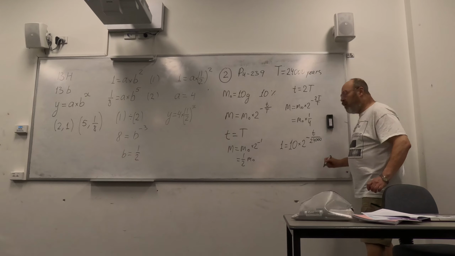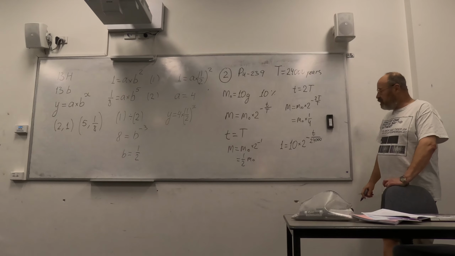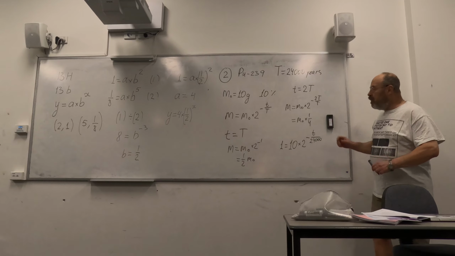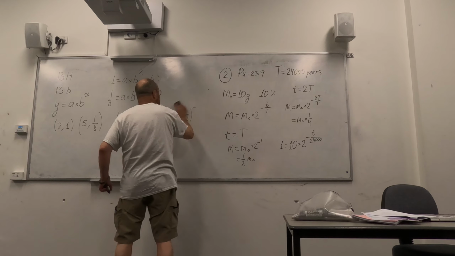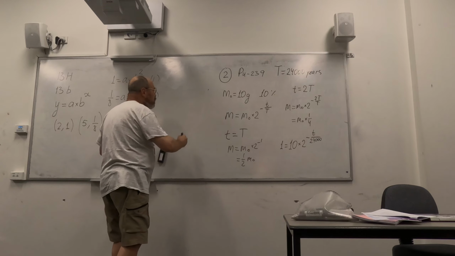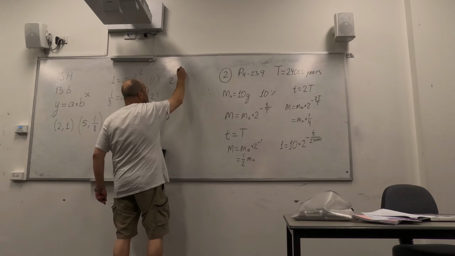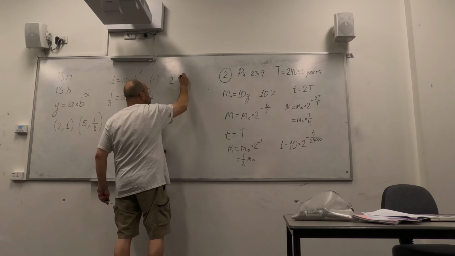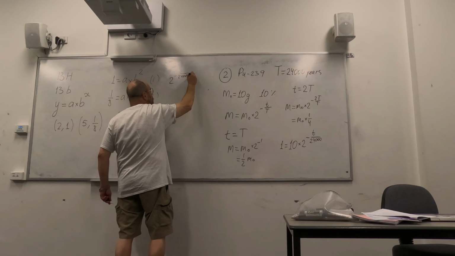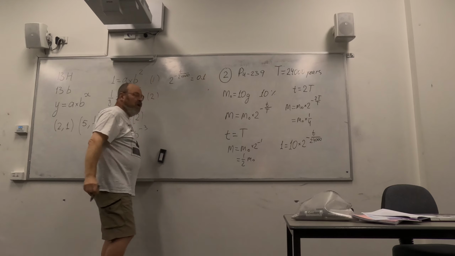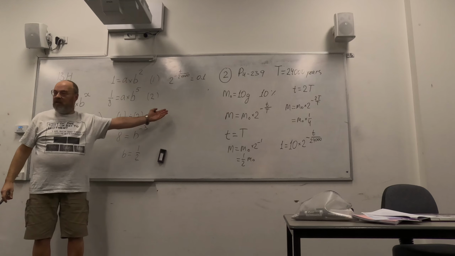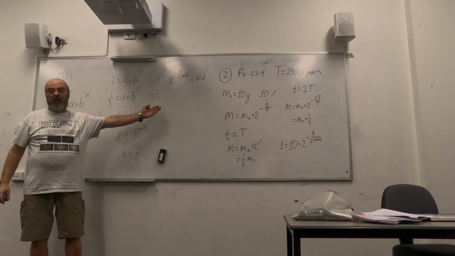It's given that the half-life is 24,000 years. So, rearranging this equation, we get 2 to the negative t over 24,000 equals 0.1. Make sense how I got this? I just moved 10 to the other side.